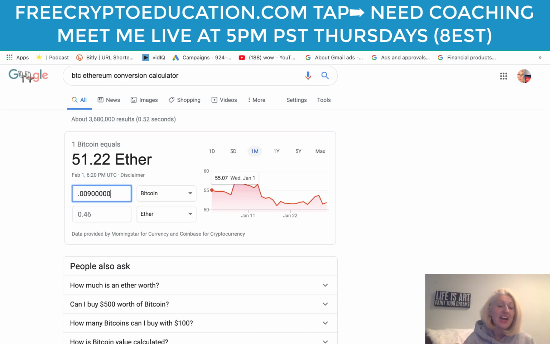You also want to understand the difference between the fiat value of the Ethereum versus the Bitcoin and the Litecoin. It can get a little confusing when you're going Bitcoin to Ethereum to really translate in your mind how much fiat money that ends up being. But all that depends on what your end game is, if you're looking to build your Bitcoin portfolio, your Ethereum portfolio, or your USD or fiat portfolio.